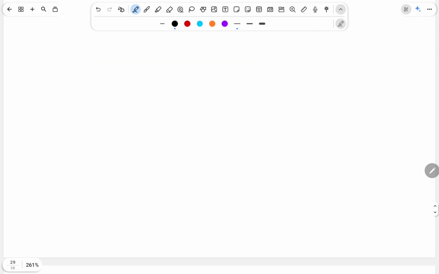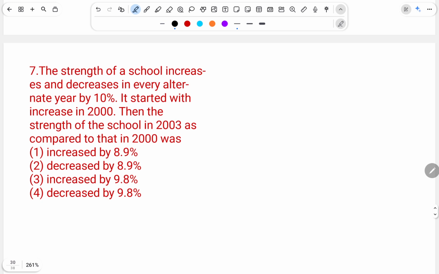So 25%. The strength of a school increases and decreases every year, in every alternate year, by 10%. It started with an increase in 2000. Then the strength of the school in 2003 as compared to that in 2000 was. First, from 100, in the year 2000 it increased by 10%. It becomes 110.